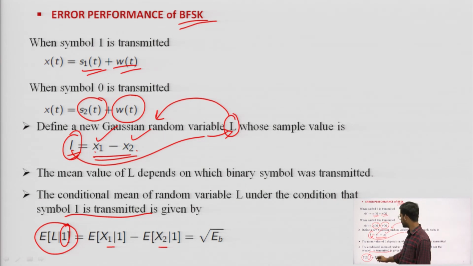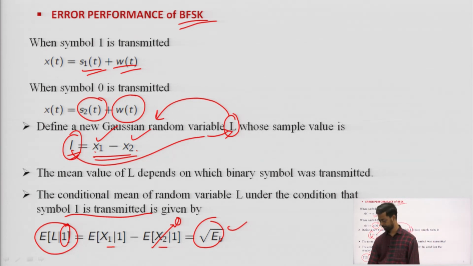So what is the expectation of x1 if I have sent 1? That is nothing but root Eb. And what is the expectation of x2 if I have sent 1? It is 0. So this difference is root Eb.